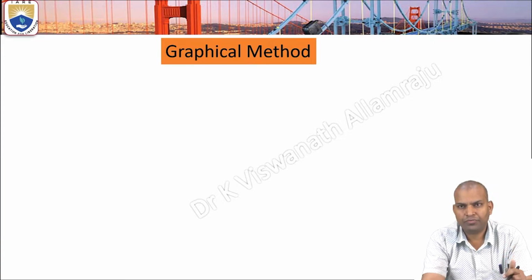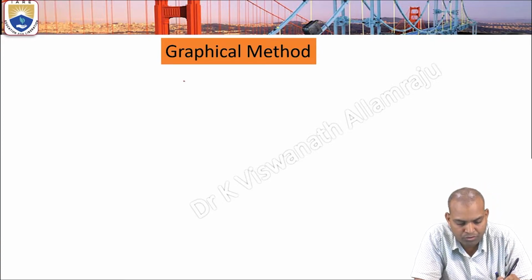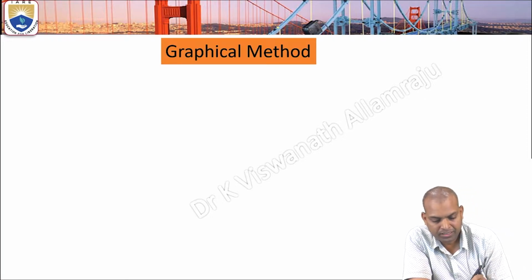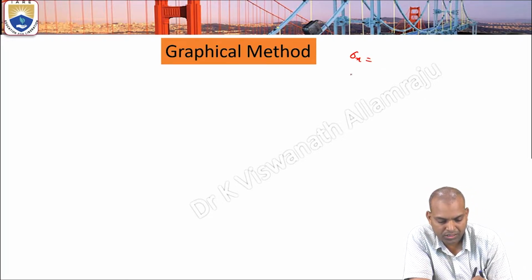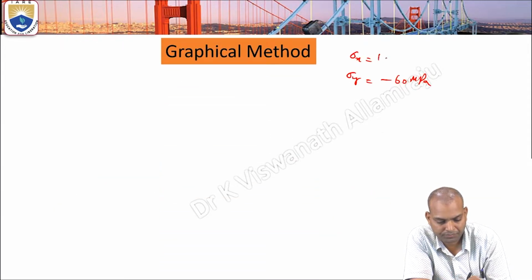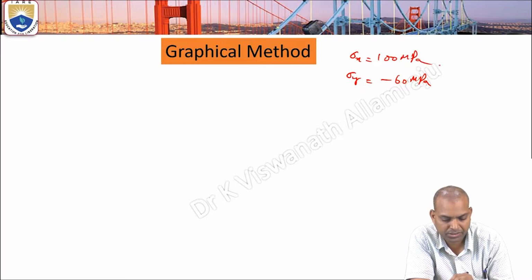So far we solved with the analytical method. Now we are going to solve with the graphical method. In the graphical method, sigma y is compressive, minus 60 MPa, and sigma x is 100 megapascals.